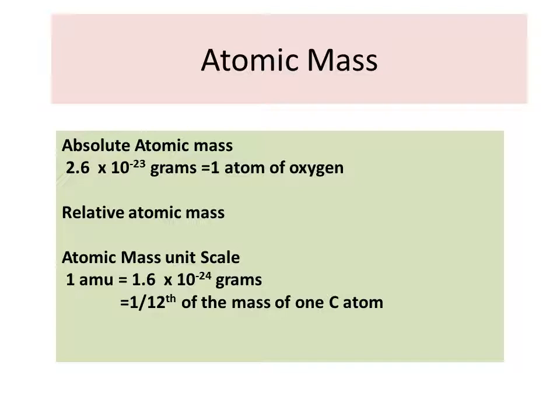Absolute atomic mass is the weight of one atom of a particular element in grams. For example, one atom of oxygen weighs 2.6 into 10 power minus 23 grams. So this is the absolute atomic mass of oxygen.